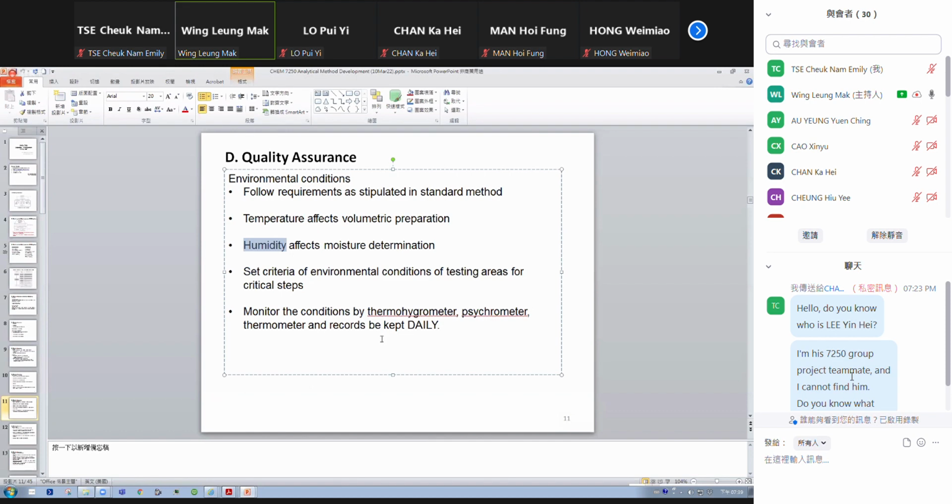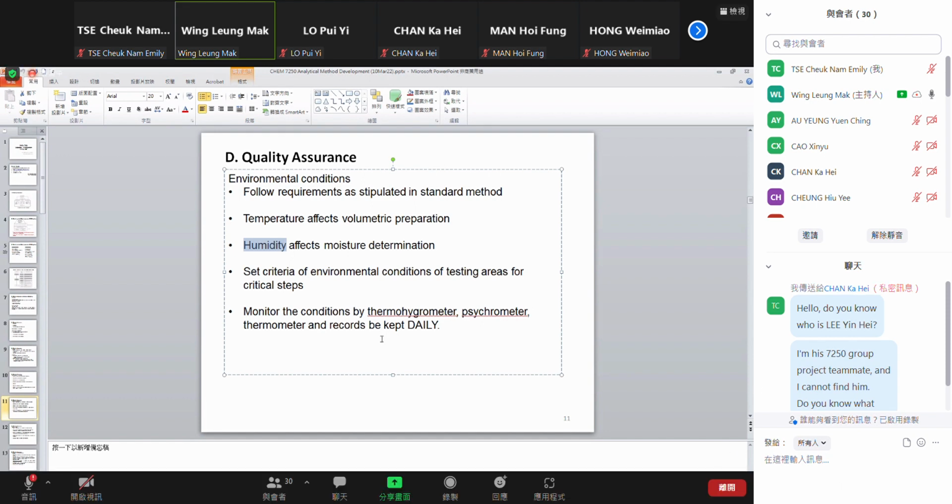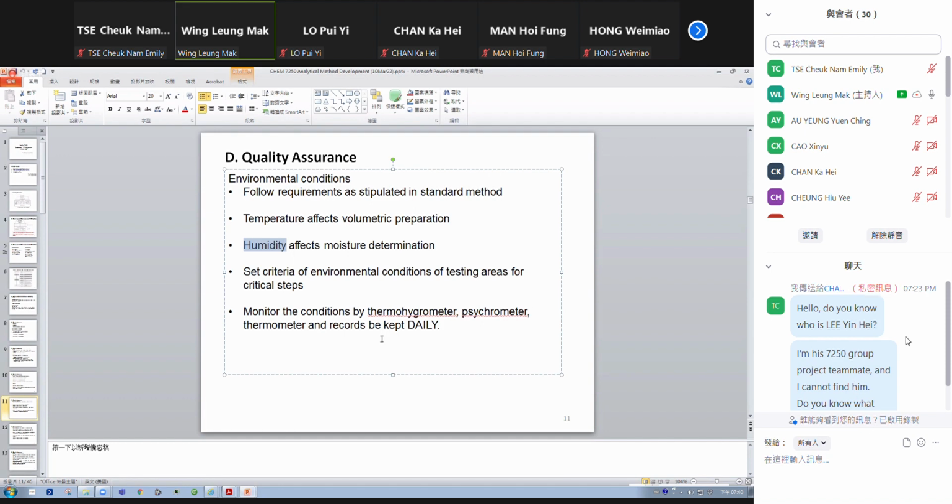If there is an electricity fault that causes the temperature to increase, you will have deterioration of the food samples and cause some variations. So if you keep the record daily all the time, you will know whether there is some fault in the refrigerator at night when no one is there.